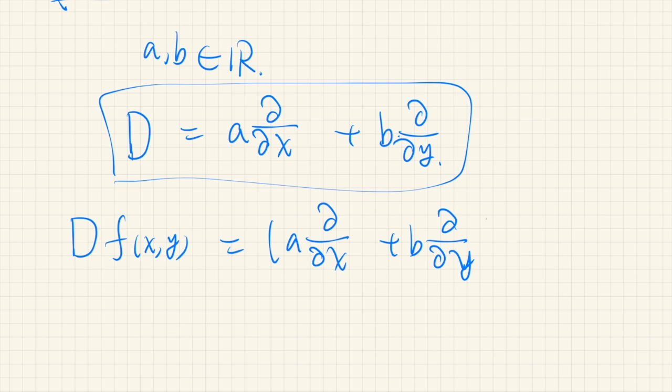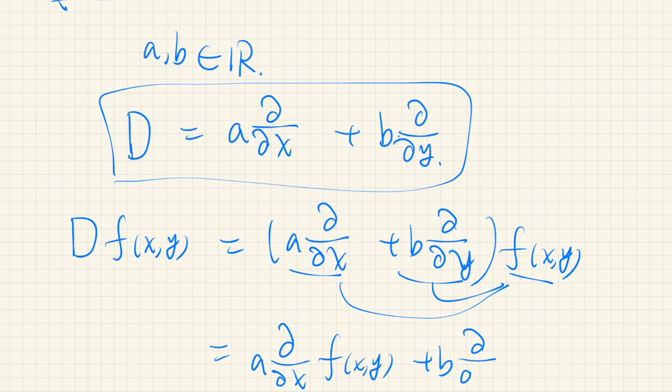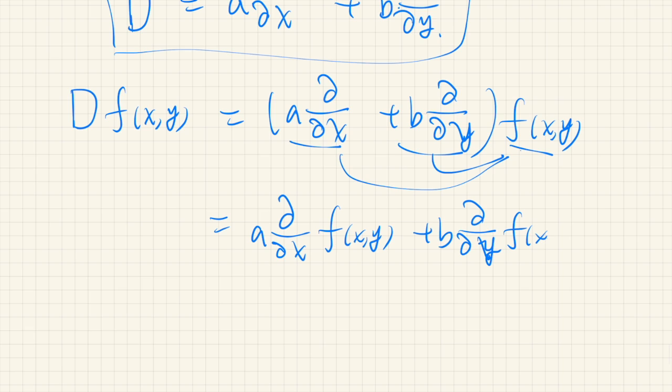So this is just the definition of the differential operator, and so we apply this from the left, okay, so this is distributed. So we have a times dx f of xy and b times dy f of xy.